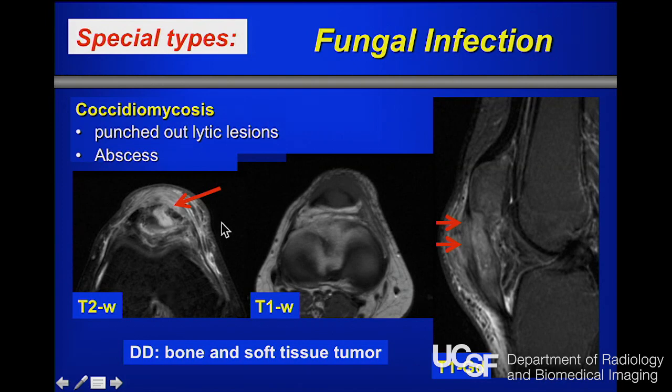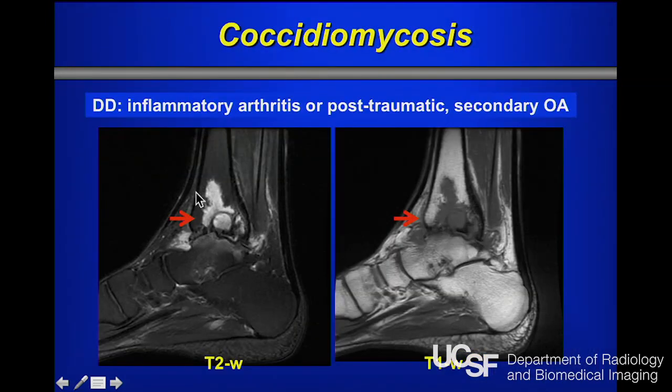Sometimes they can look like infection of the joints, like inflammatory disorders or secondary degenerative changes, which are shown here, where you have really extensive secondary disease now, but originally this was coccidioidomycosis. Always here in California, an important differential diagnosis, and we always ask patients who have disorders like that whether they come from the Central Valley, where these spores are pretty frequently found.